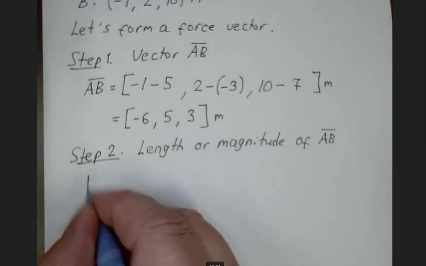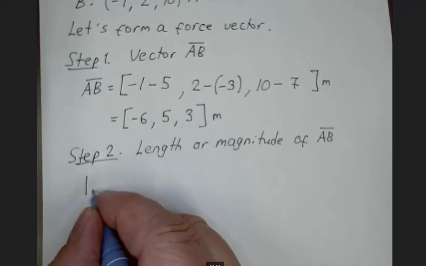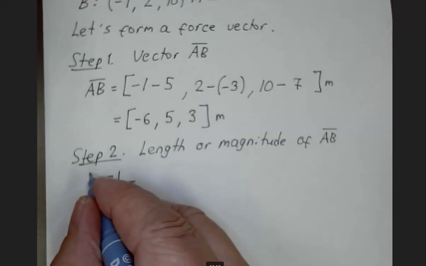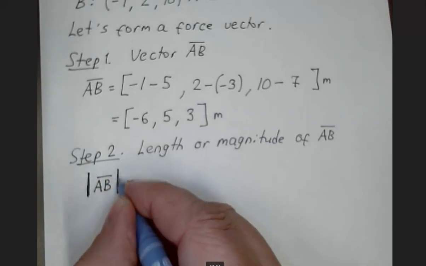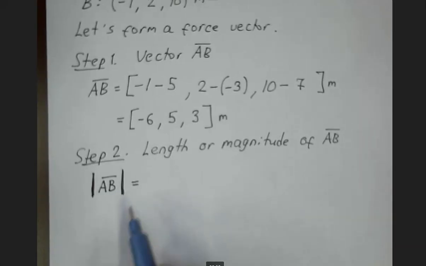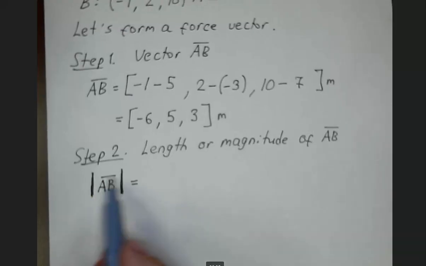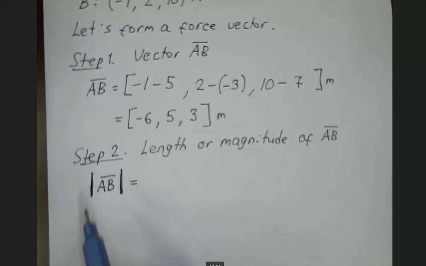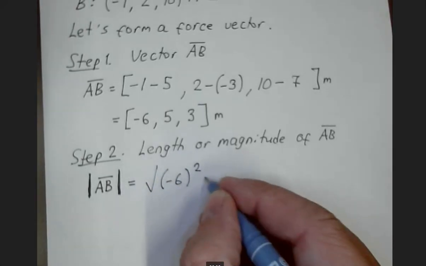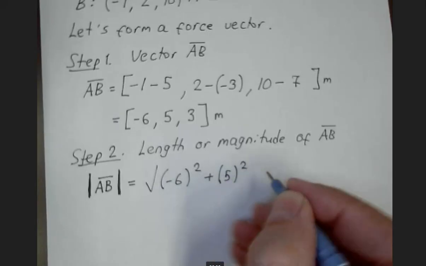So we will get the length of AB by using these lines here, which we use mostly for absolute value, but also for vector lengths or magnitudes. But of course I could also use the simple notation AB without any lines around it, and then I will use those brackets there.